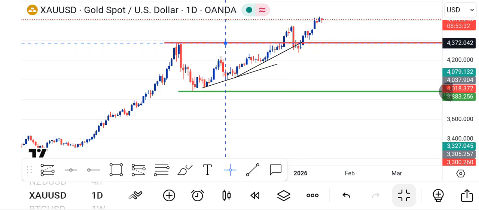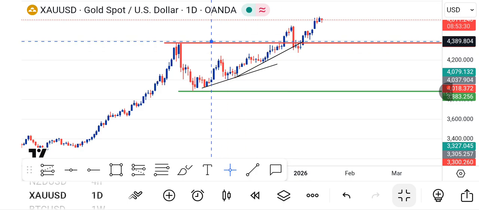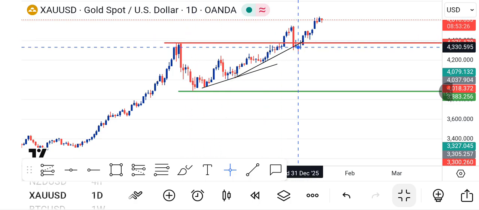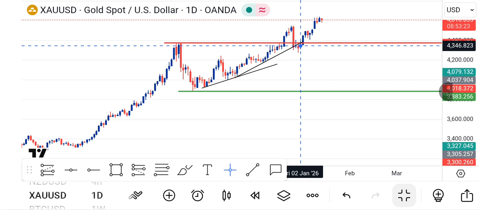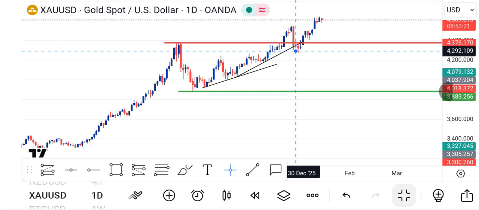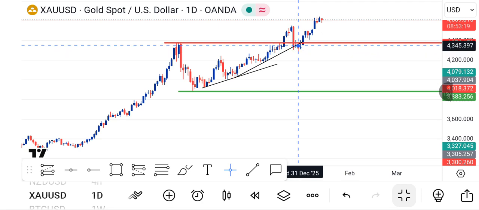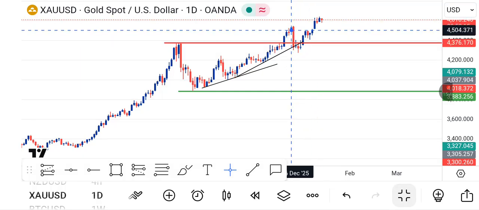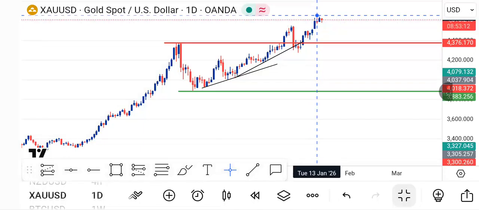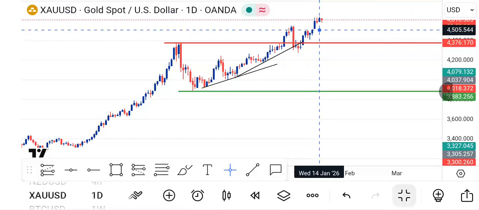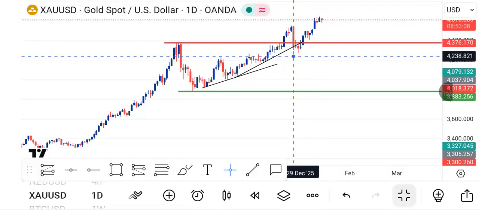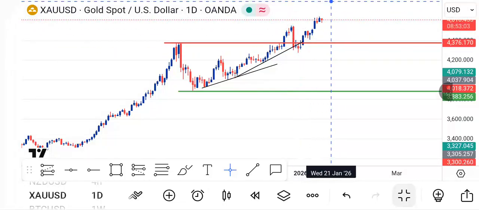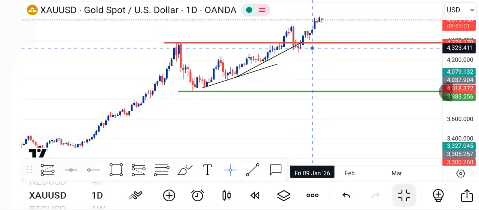Now, gold used this previous resistance, previous high, as a support, though there's a very deep entry before moving up. Now, since it retested it and moves up, I want to see how I can analyze this area here to look for a buying opportunity.